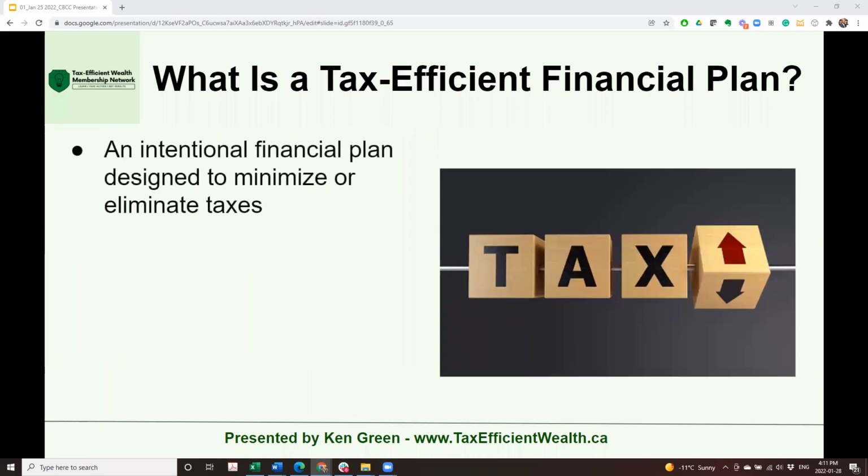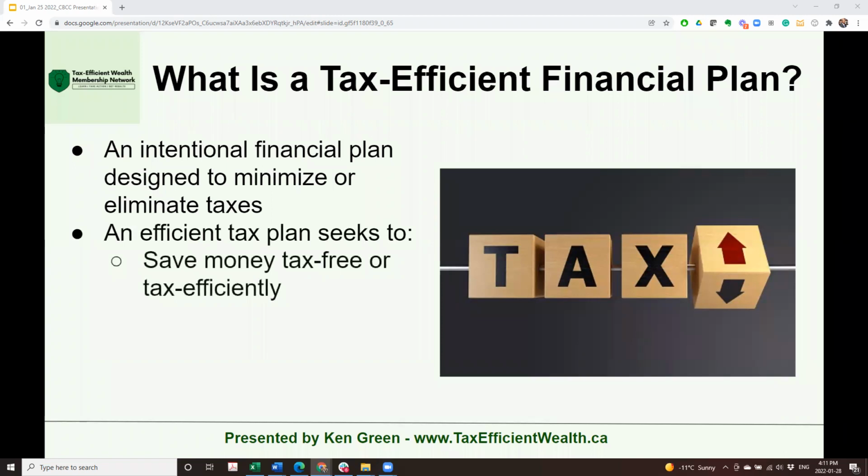So what is a tax efficient financial plan? I define this as an intentional financial plan designed to minimize or eliminate taxes. An efficient tax plan seeks to do 3 things. One, to save money tax-free. A good example of this is RRSPs, the Registered Retirement Savings Plans in Canada. The second goal is to grow your money tax free or maybe tax efficiently, and you can do that with the TFSAs, the tax-free savings account in Canada.